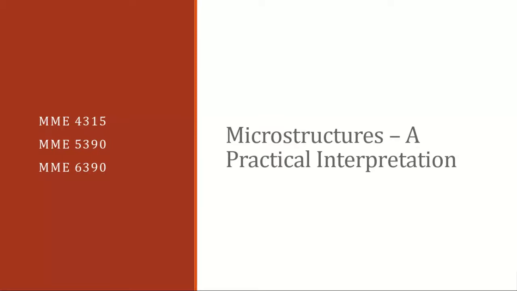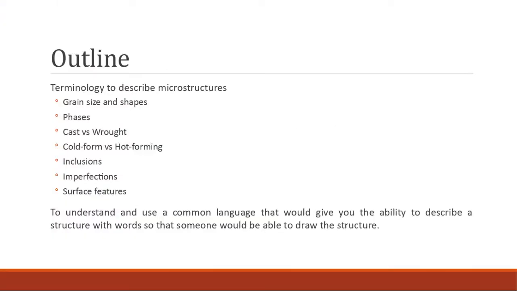I'm going to have to break these down into parts just because of how much information there is to understand and go through before we even start talking about phases within microstructures. So part one is microstructures practical interpretation, and what we'll be going over in this segment is the terminology that's used to describe microstructures.